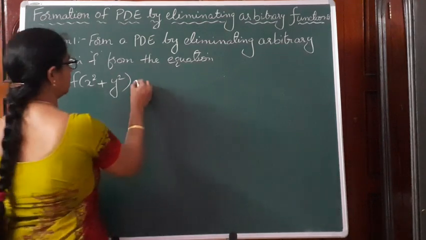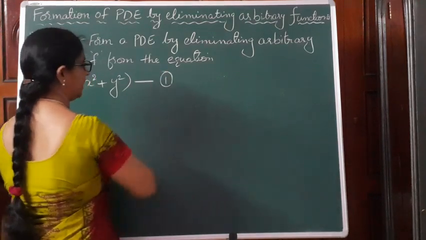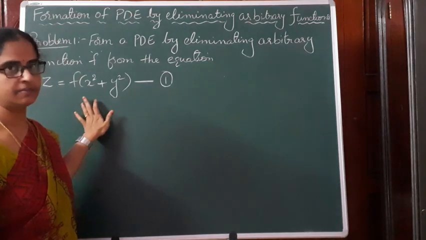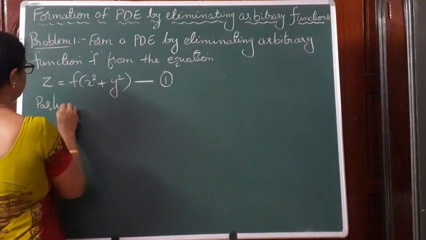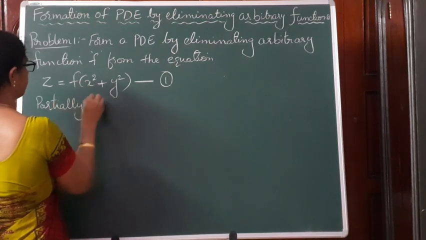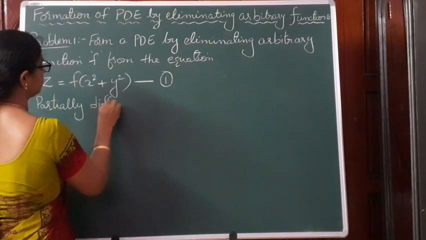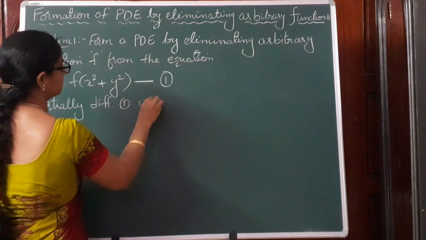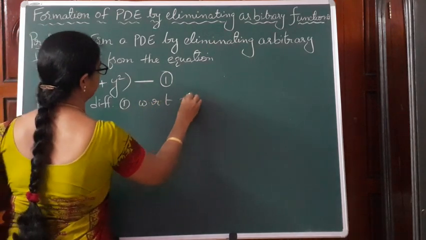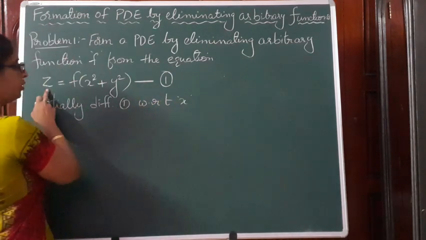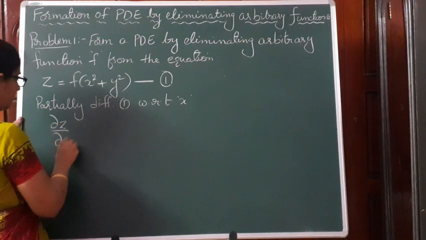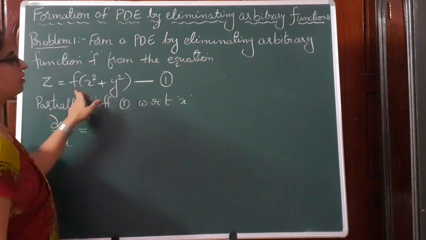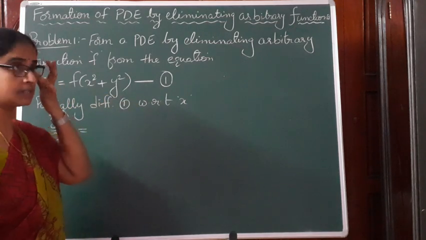So let us call the given equation as equation number 1. Now we partially differentiate with respect to x first. Partially differentiate 1 with respect to x. Then dou z by dou x is equal to the derivative of f of x square plus y square.